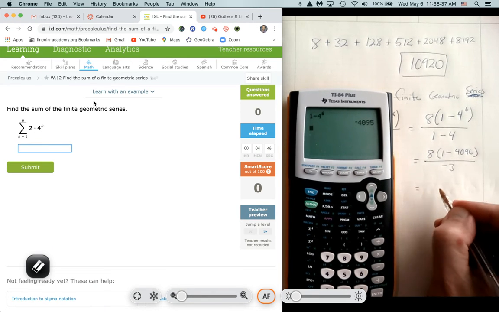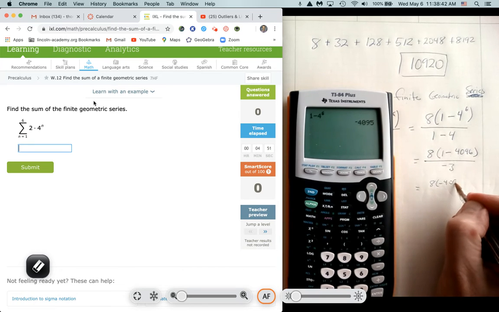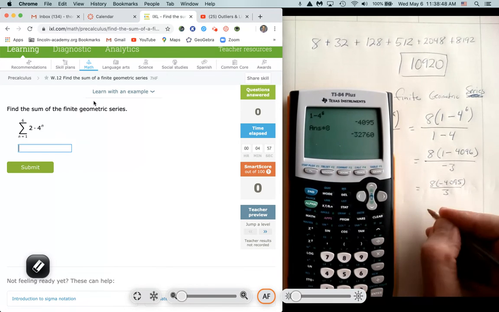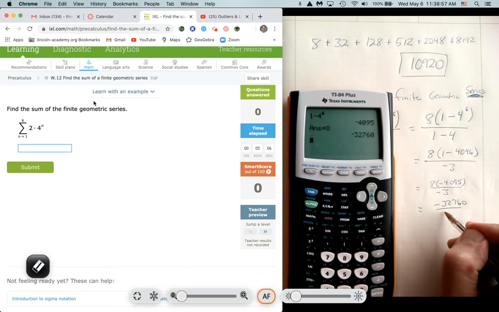So we get 8 times negative 4095 divided by 3. So I'm going to do that times 8. So we get negative 32,760 divided by negative 3.